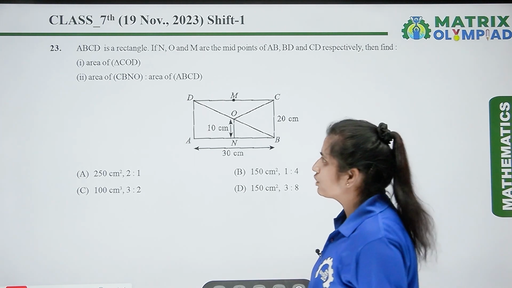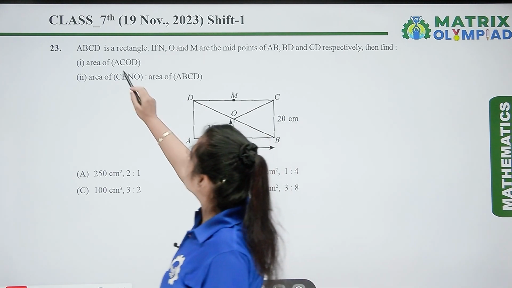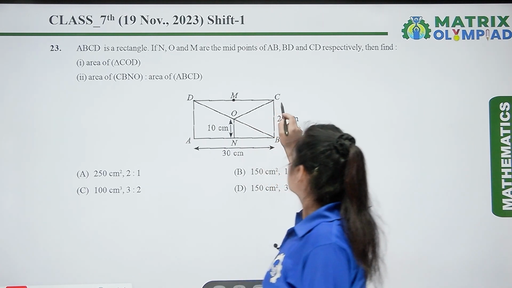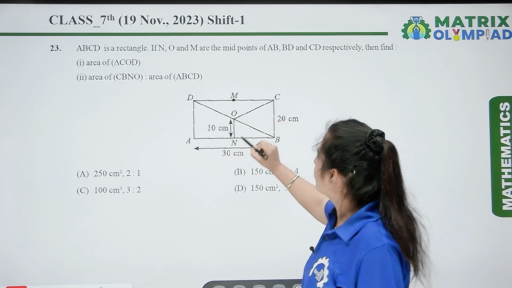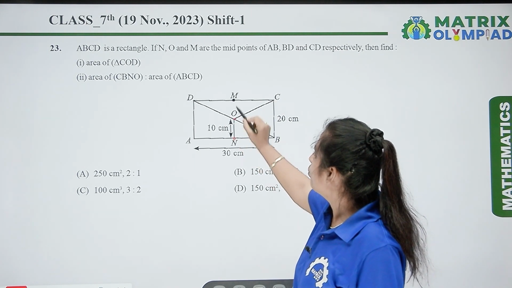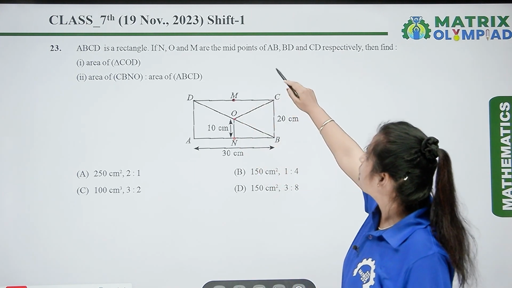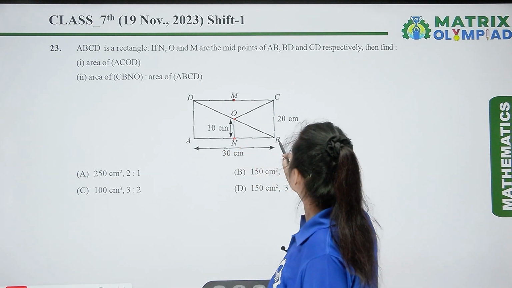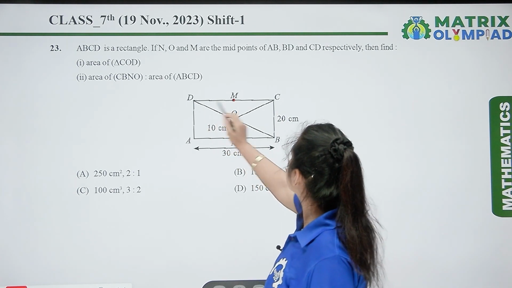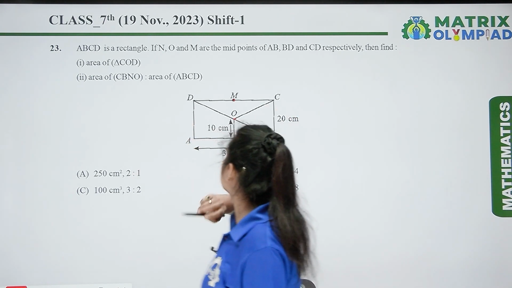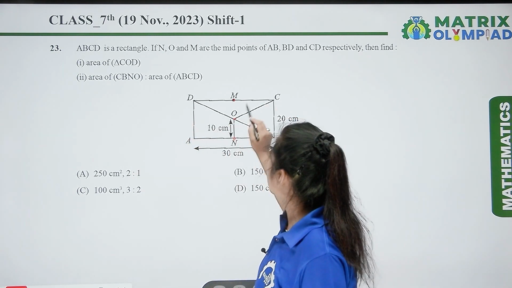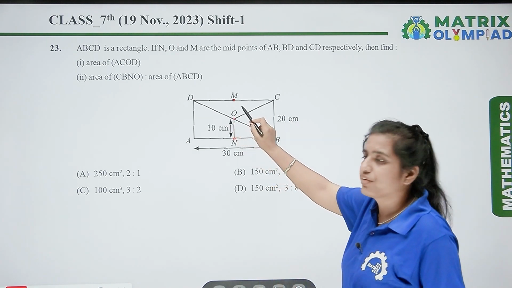Now let's start the next question. Question number 23. ABCD is a rectangle. So this is a rectangle. If N, O, M are the midpoints of AB, BD and CD respectively, then find the area of triangle COD. We have to find out the area of this triangle.